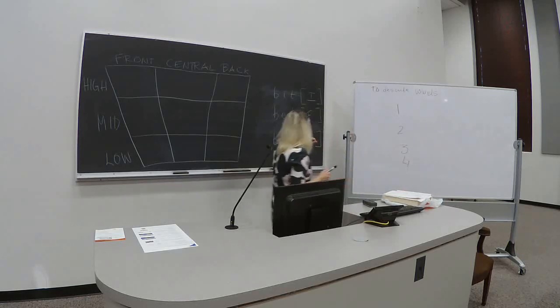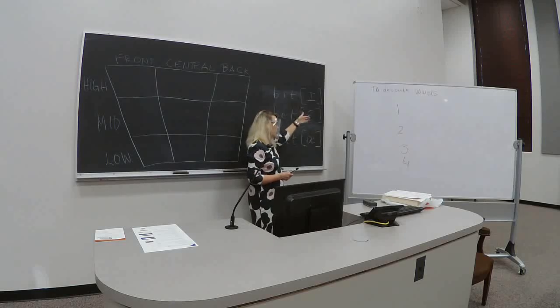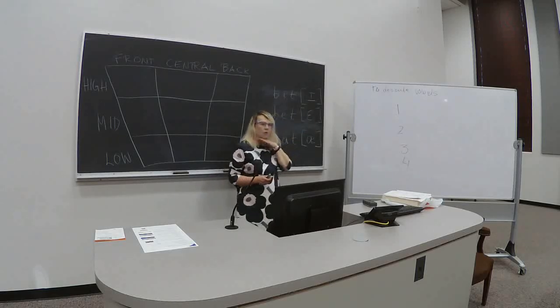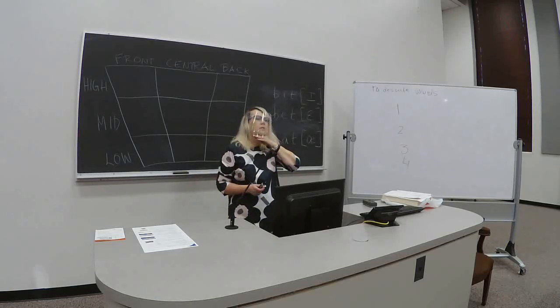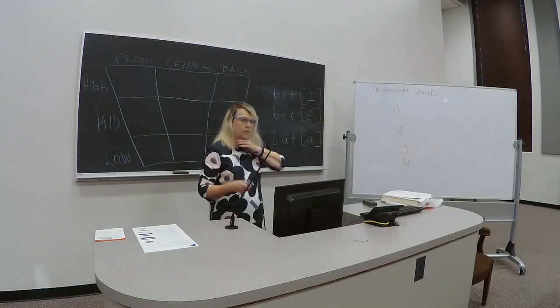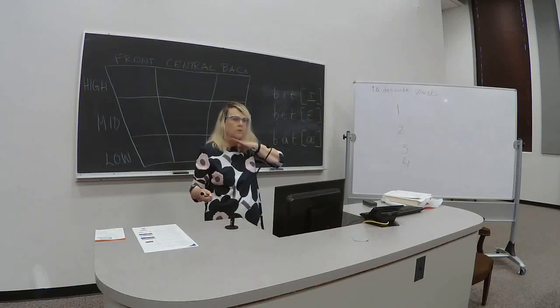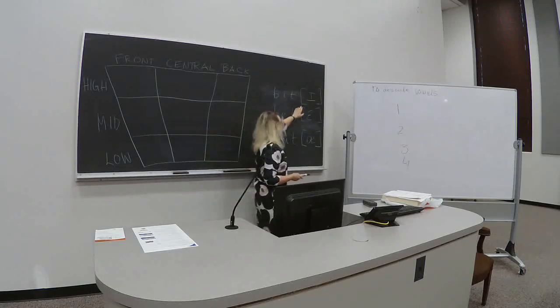Okay, and now what I want you to do is to pronounce this, then pronounce this, and then pronounce this without any pauses in between, and hold your palm under your chin so that you don't move your chin. Focus on what you do with the tongue. So hold your chin, don't lower it or lift it, and start from here.